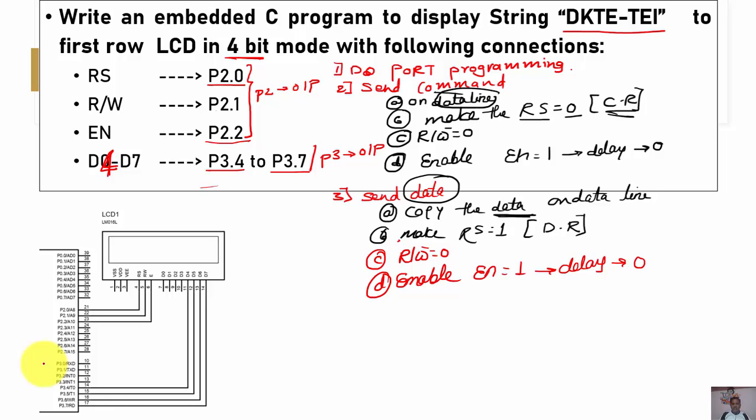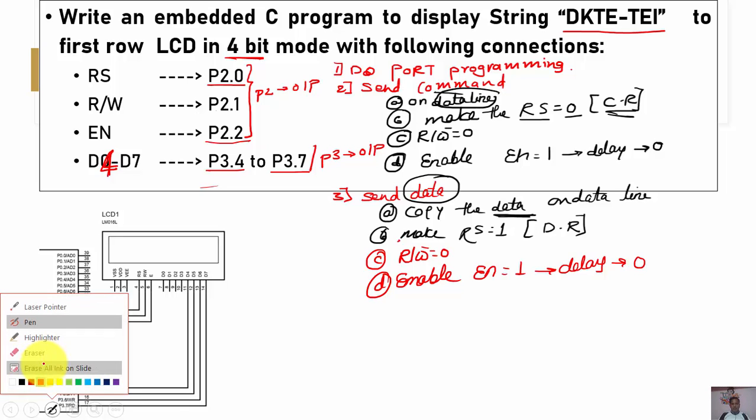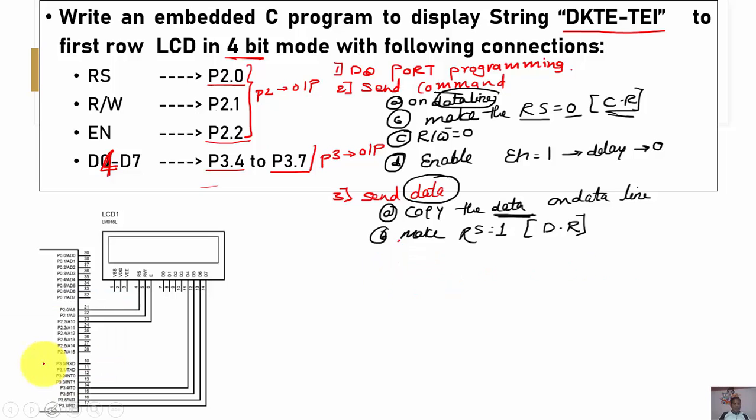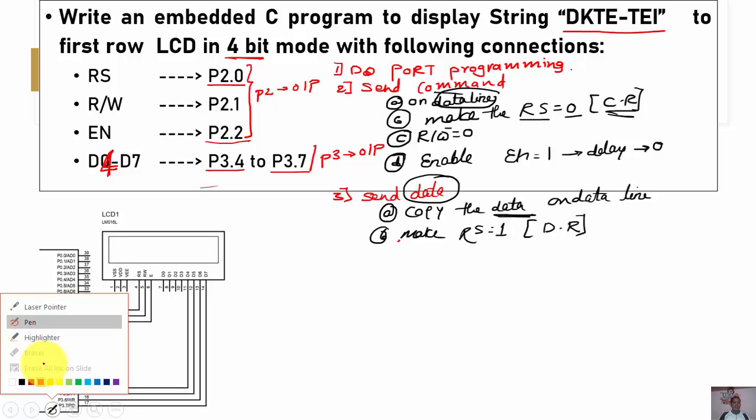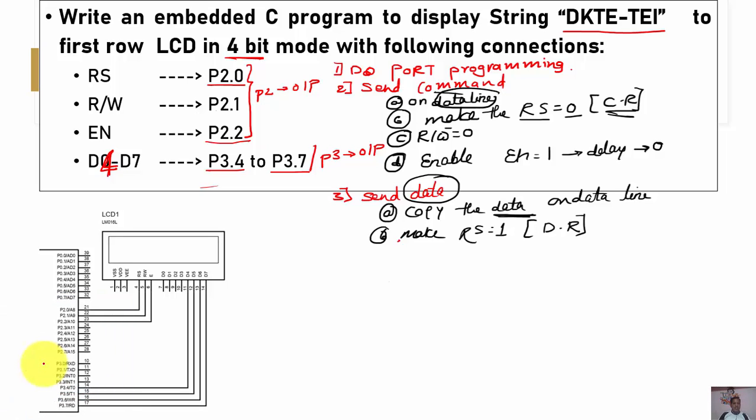So these are the steps that we have to follow when we interface the LCD with the 8051 microcontroller. Now the most important one: how exactly is data transferred from the 8051 microcontroller to the LCD? Let us check that.